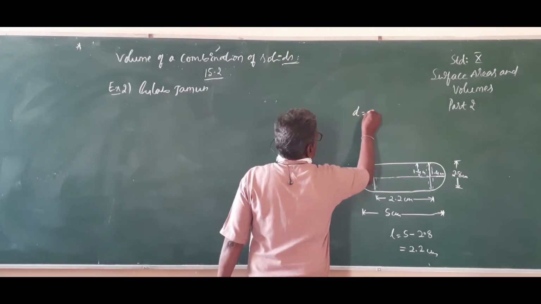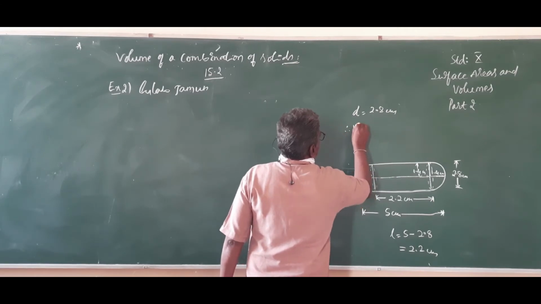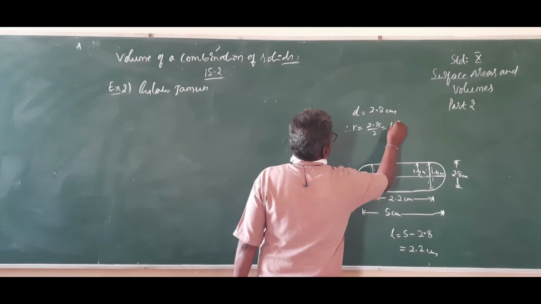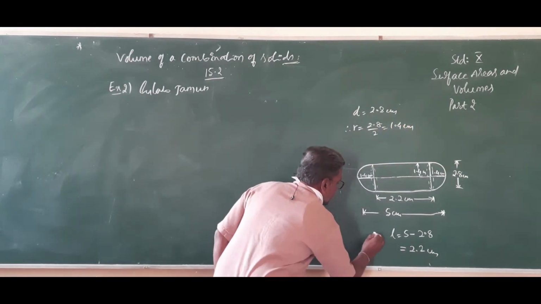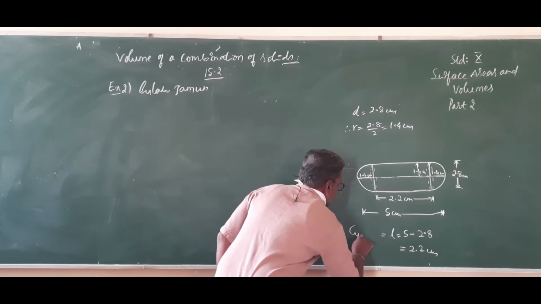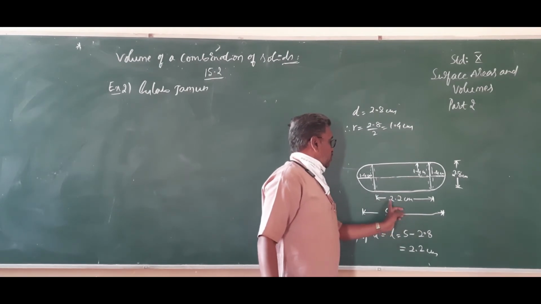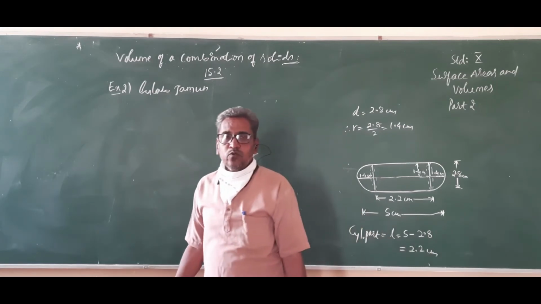Diameter is given as 2.8 centimeter, therefore radius is 2.8 divided by 2, equal to 1.4 centimeter, and the length of the cylindrical part is 5 minus 2.8, which is 2.2 centimeter.